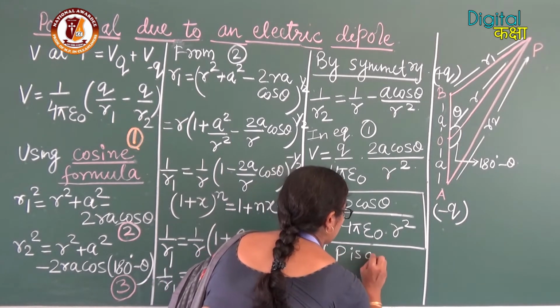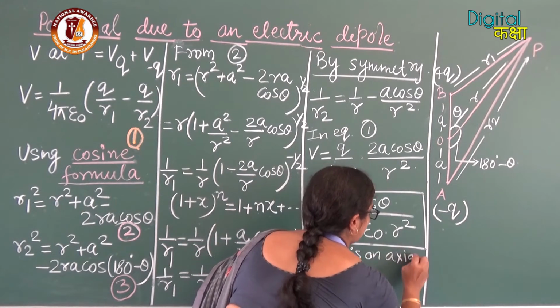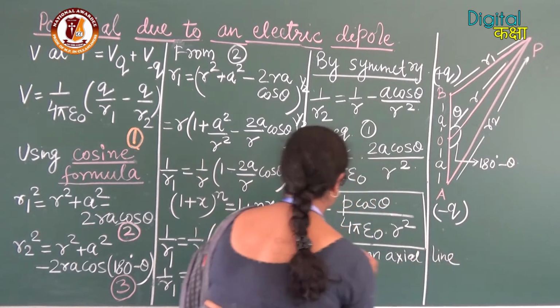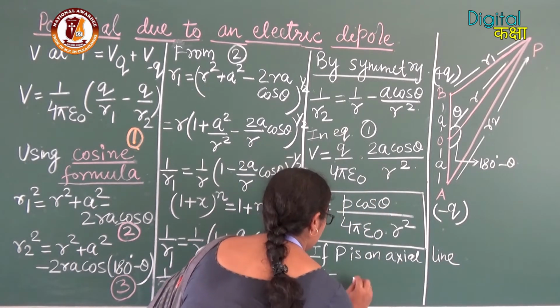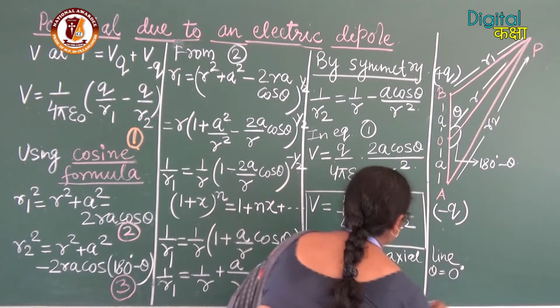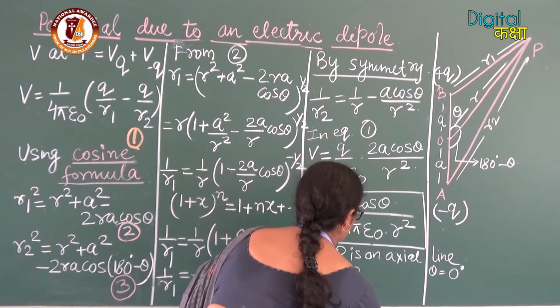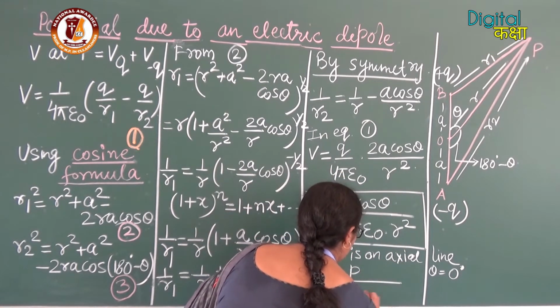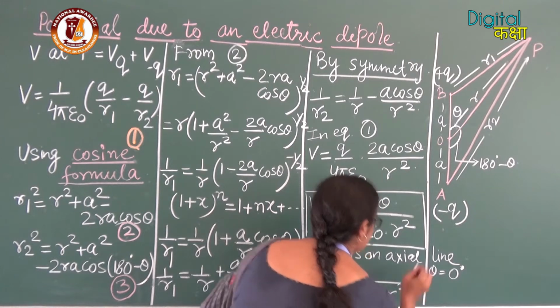If P is on the axial line, theta is equal to 0, and the potential is P upon 4 pi epsilon naught r square.